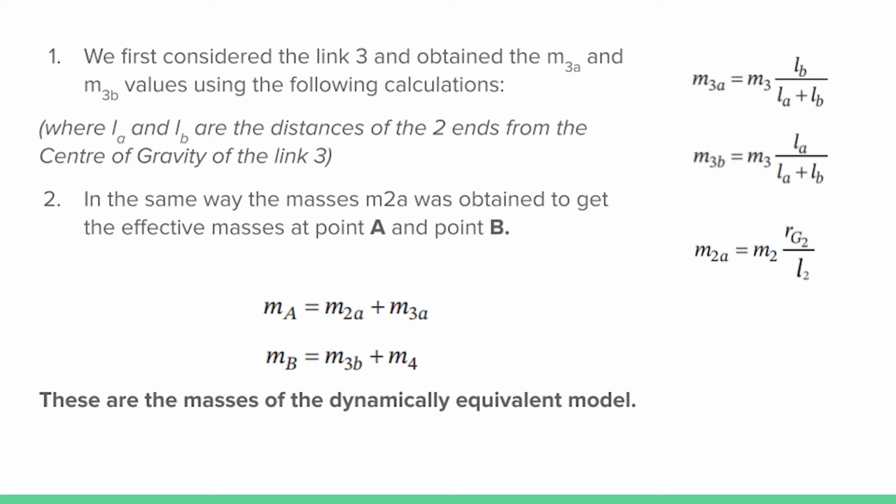In the same way, we can find masses M2A and we can find the effective mass at point A and point B. That is, MA must be equal to M2A plus M3A and MB must be equal to M3B plus M4.